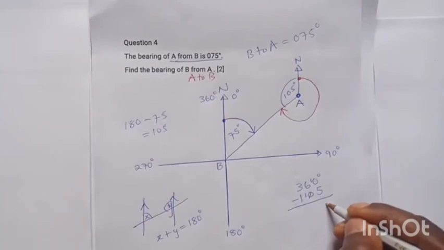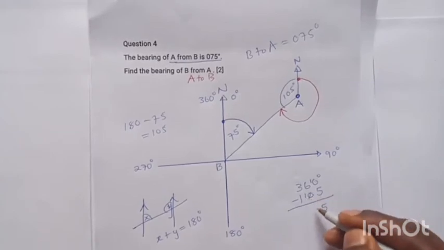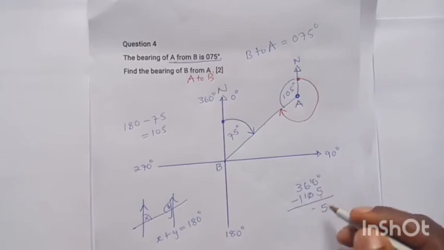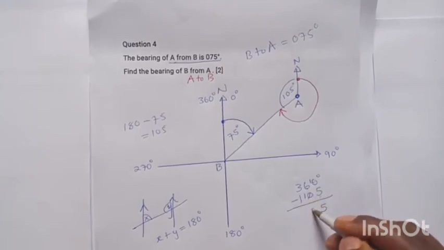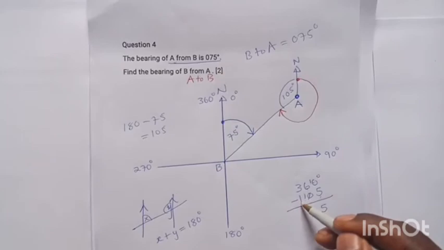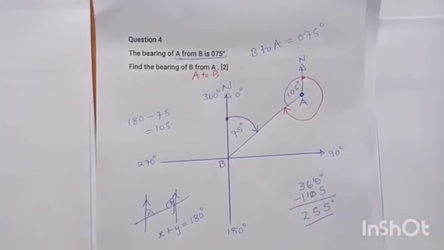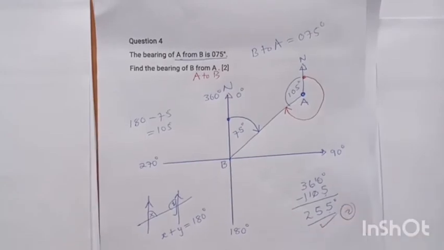So 10 minus 5, you get 5. 6 minus 1, you get 5. 3 minus 1, you get 2. So your final answer is 255 degrees, which is representing the bearing of B from A. So you get yourself 2 marks for that. Stay tuned as we move on to question number 5.